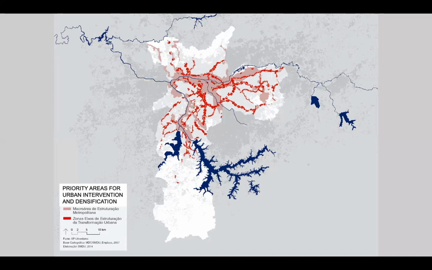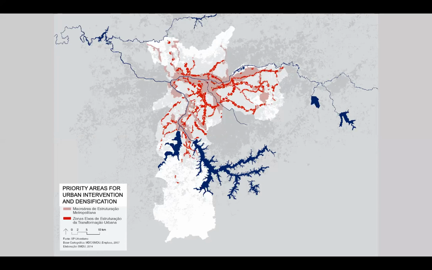It's a small scale program. And one of the main challenges was to find buildings and terrains to build the ensembles at a price that was suitable for these poor people.